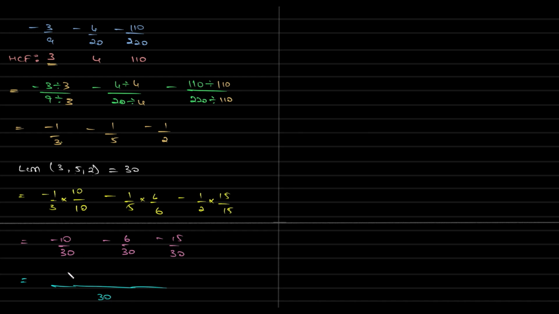All of them are the same sign, and the denominators are the same. So first we'll write 30 in the denominator, and since they are of the same sign, what should we do? Add or subtract? We need to add them. So the addition will add up to negative 31 by 30, negative being because all the numbers are negative.